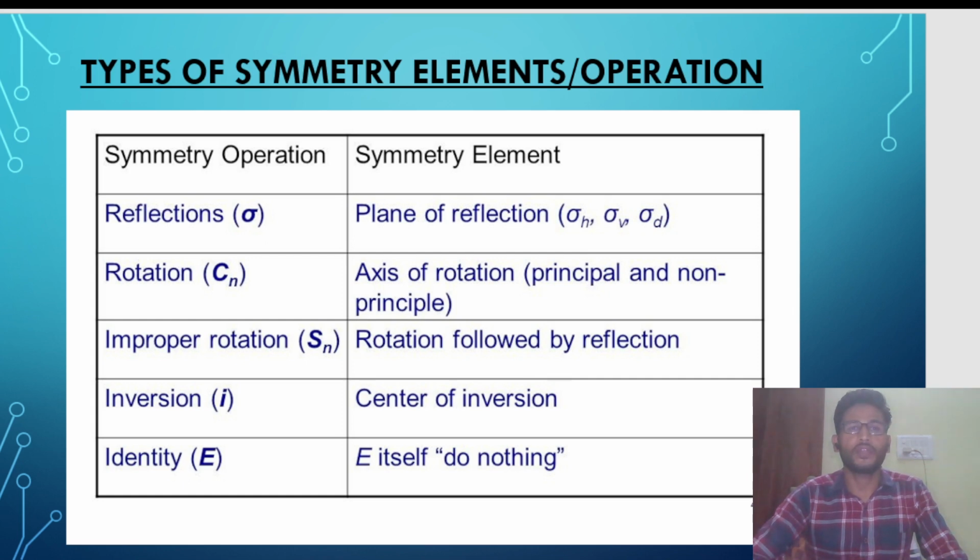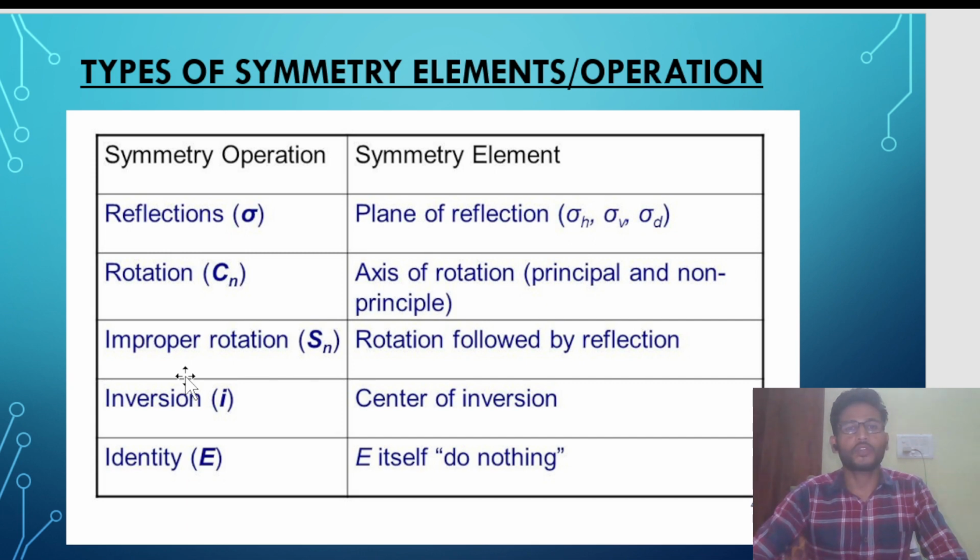In this slide, we will discuss types of symmetry elements or operation. First symmetry operation is reflection, denoted by sigma, and it is related with the symmetry element plane of reflection. Second symmetry operation is rotation, denoted by Cn, and is related with the axis of symmetry, axis of rotation or rotational axis.